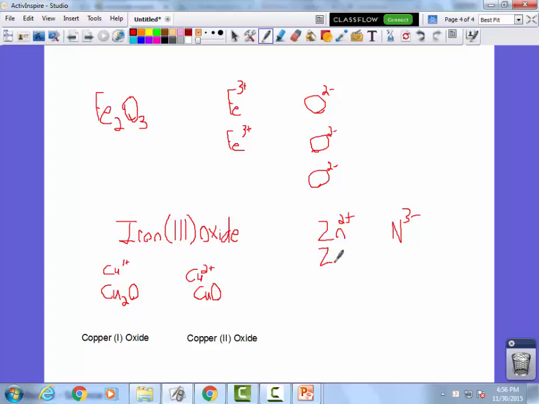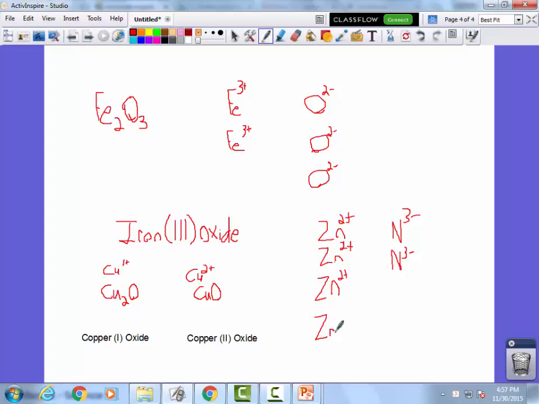Right now I have 2 positive and 3 negative. I need to add more positivity in there to try and balance this. So we have 4 positive now, but only 3 negative, so I actually need more negative at this point. So I've got 4 plus and 6 negative, still not balanced. I need more positive again. Now it's balanced. Now I've got 6 total positivity, 6 total negativity.